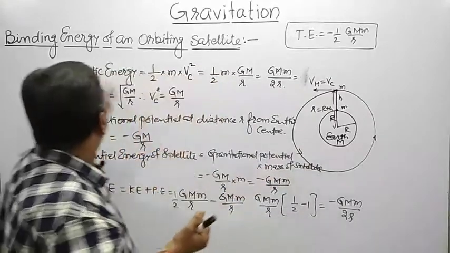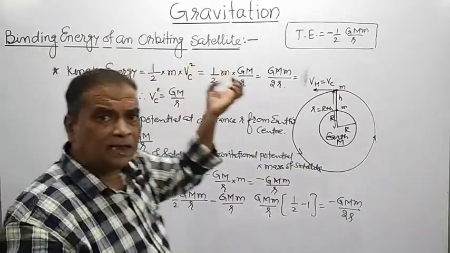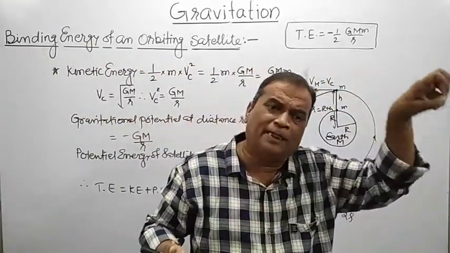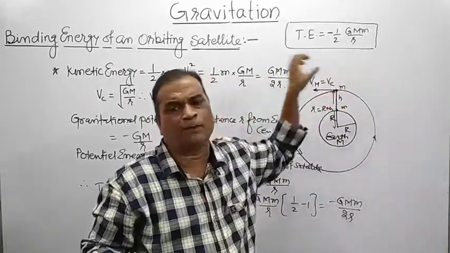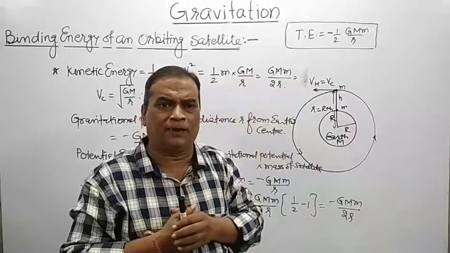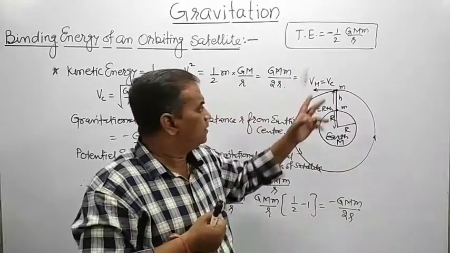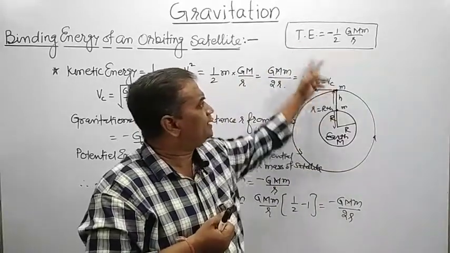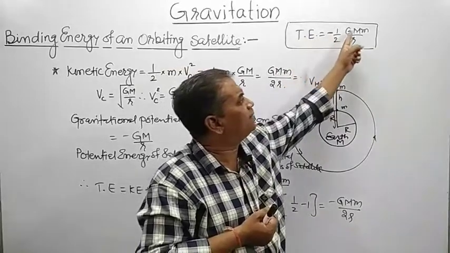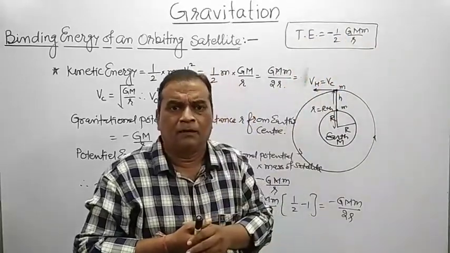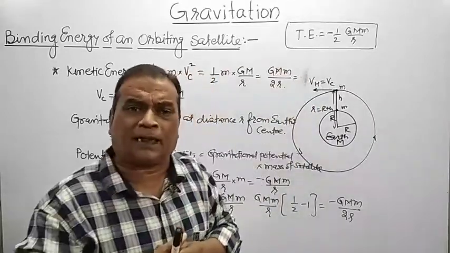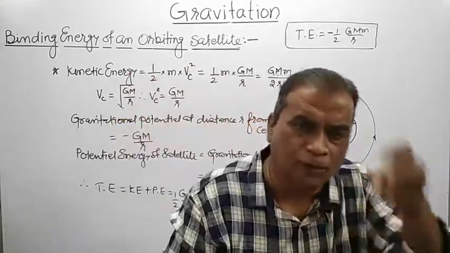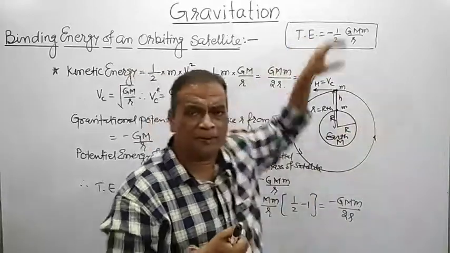But binding energy is the minimum energy that must be given to the satellite in order to escape it from Earth's gravitational influence. Because the satellite has total energy minus half GMm upon r, to escape the satellite from Earth's gravitational influence, you have to supply a certain minimum energy.